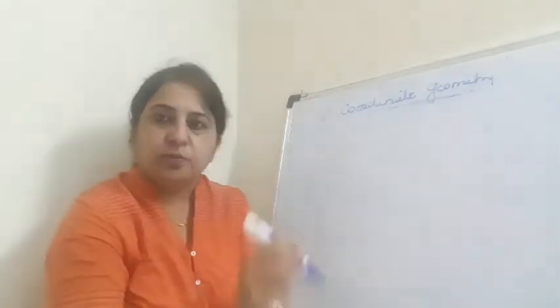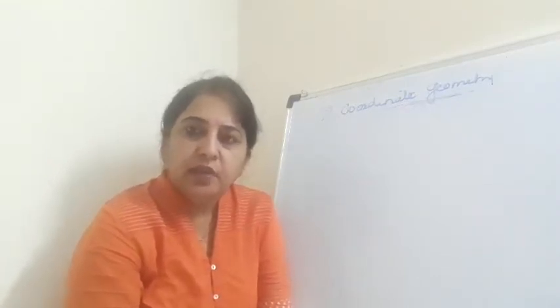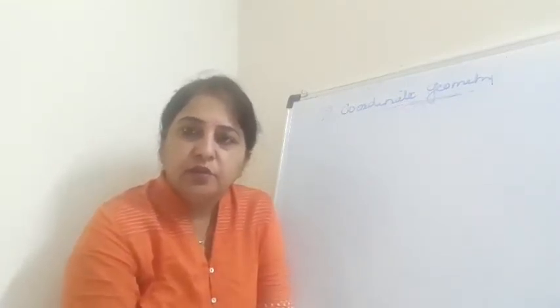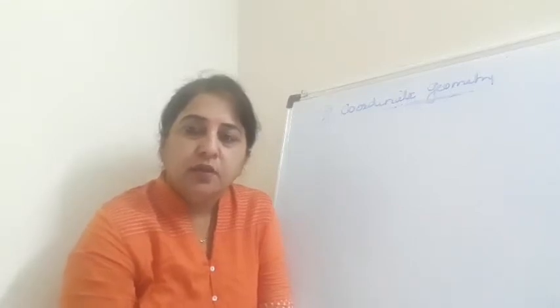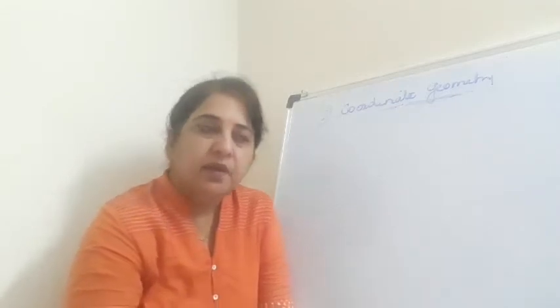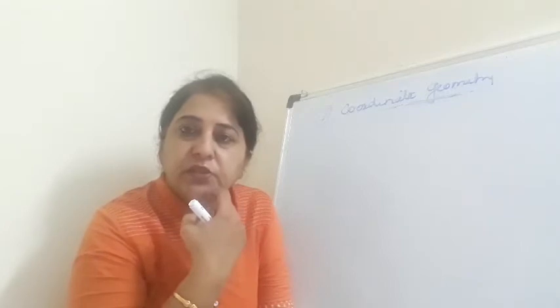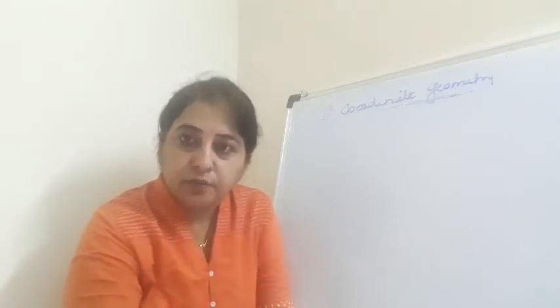That is coordinate geometry. Now, coordinate geometry is a chapter, children, which deals with the location of a point or the plotting of points on the Cartesian plane. You know what a Cartesian plane is, but I am going to tell you everything again. And plotting of points, children, you have studied in class 8 also.